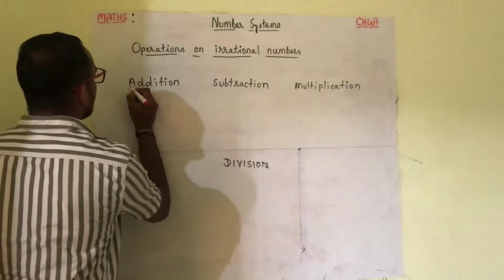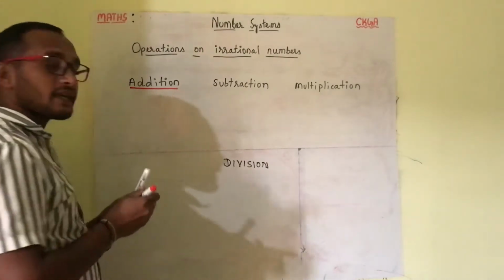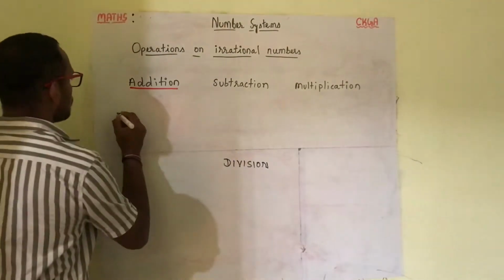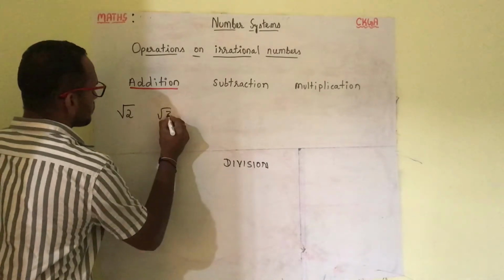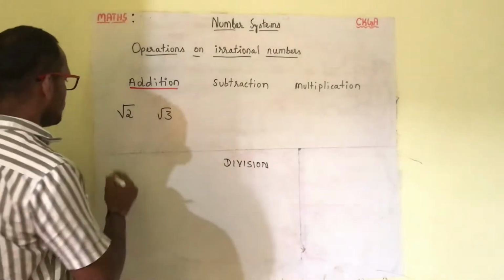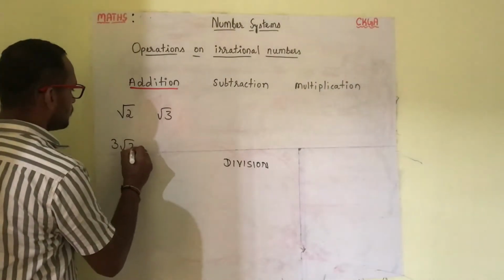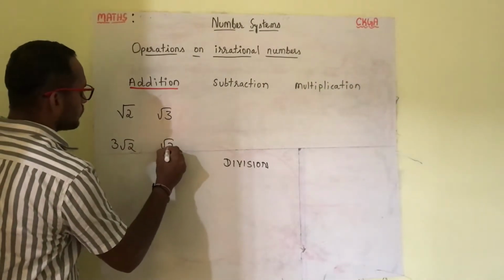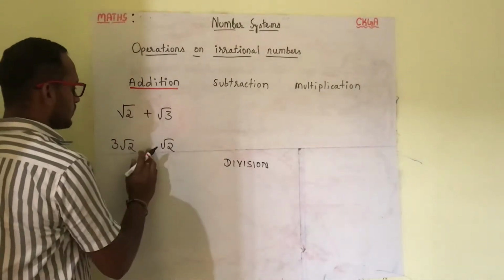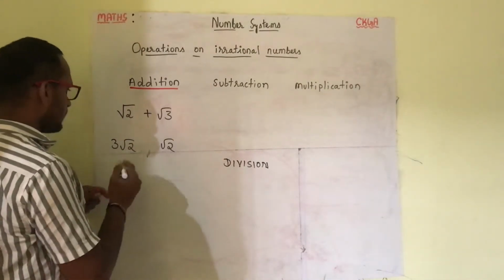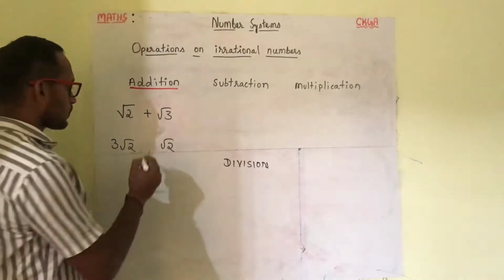Suppose you have two different irrational numbers, root 2 and root 3. I'll take another instance, 3 root 2 and root 2. I have two different cases: root 2 plus root 3, and 3 root 2 plus root 2.